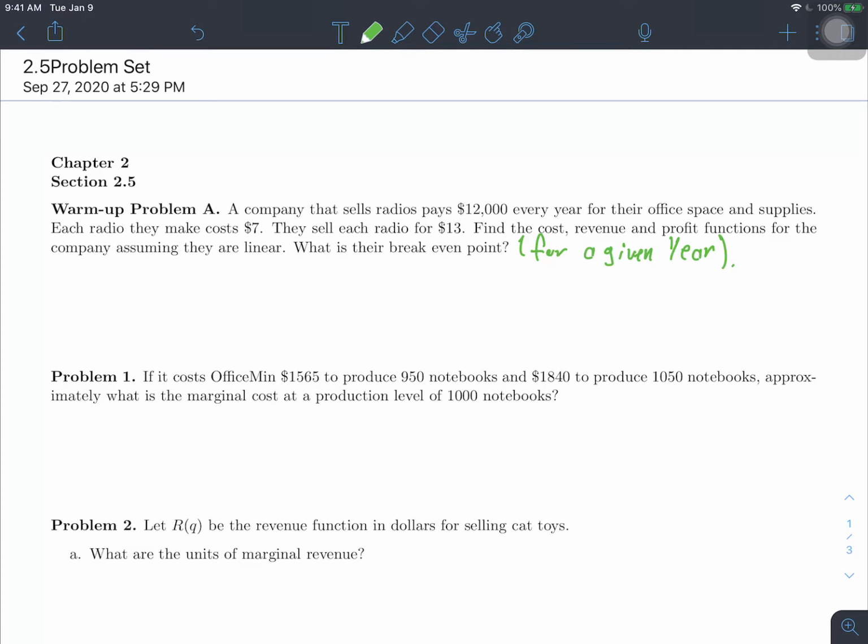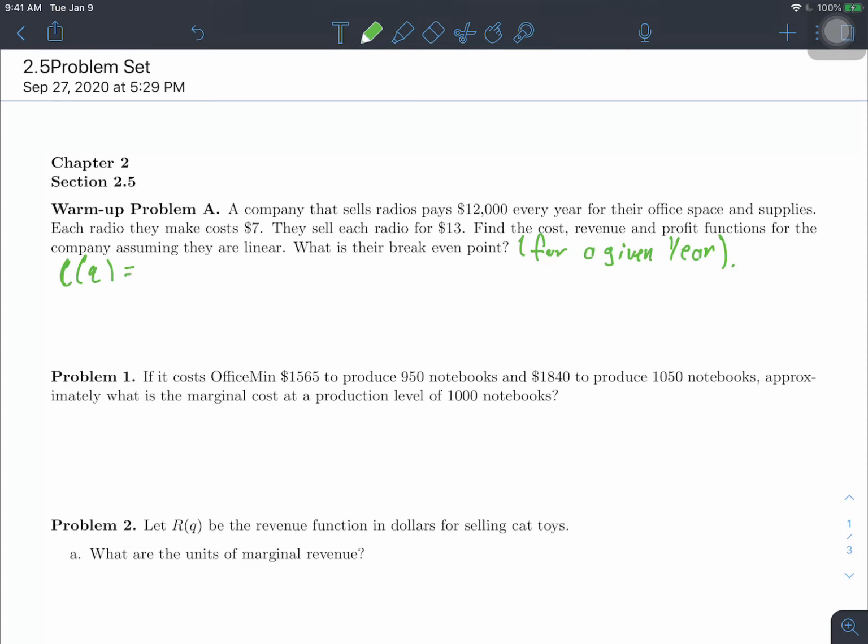So who can take a guess at what our cost function is going to be? It's going to be some function which depends on Q. We'll call it C of Q, where Q is the quantity of radios sold. Yeah, Ryan? 12,000 plus 7Q. Perfect.